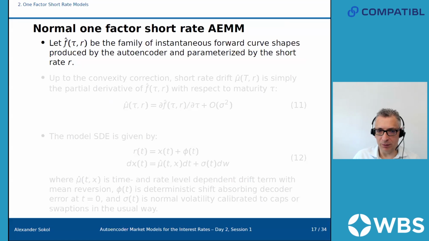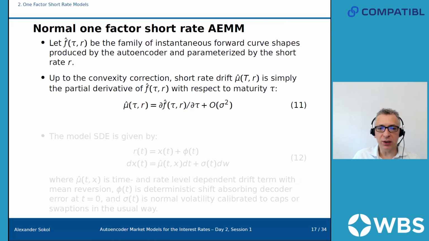But if we're going to work with something, why not work with something observable? It makes it easier. Up to the convexity correction, the short rate drift is simply the partial derivative of this f hat with respect to maturity, right? Now, in reality, in order to produce the curve shapes that we want, we need to also include the convexity correction, right?